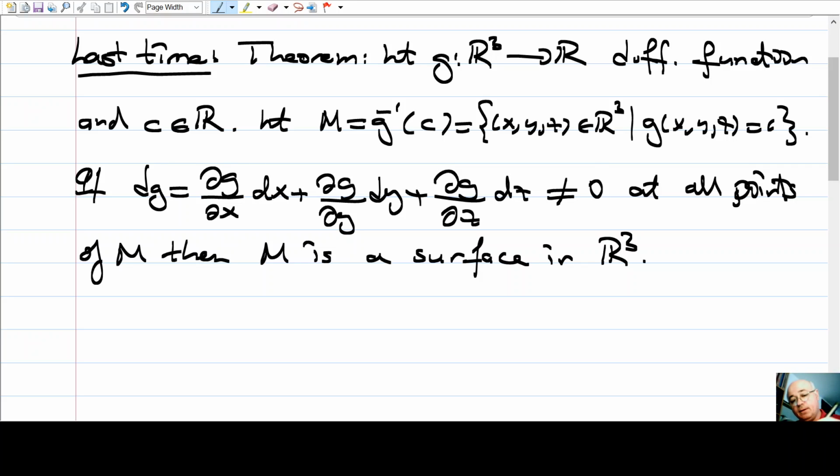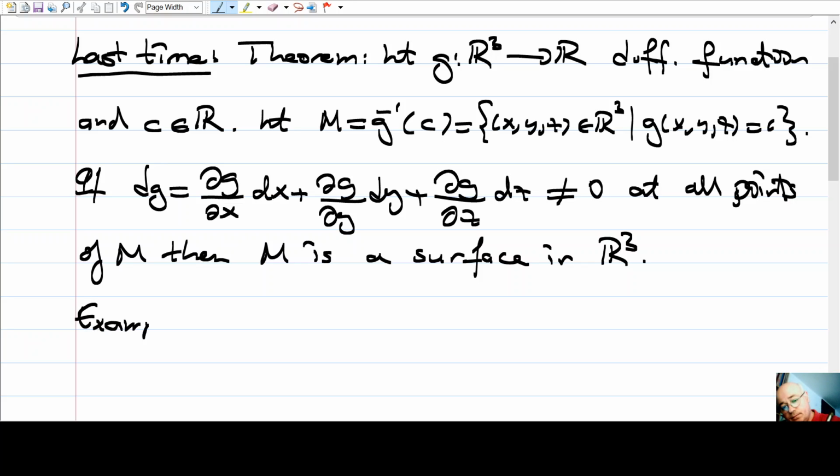Okay, now let's apply this theorem to the example we discussed last time, namely the unit sphere.